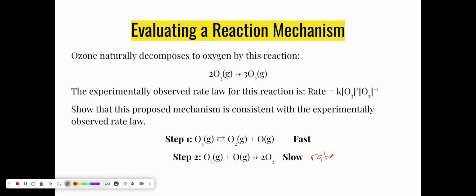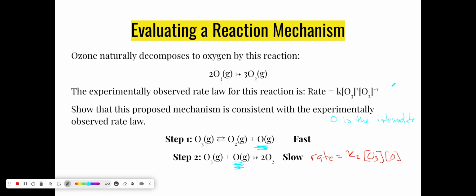So we'll say that the rate is equal to the rate constant K2, since it's the second elementary step, times the concentration of O3 times the concentration of O. Now, we need to quickly go back and see that O is in fact our intermediate, because it is first being produced, then it is being consumed. So O is the intermediate.